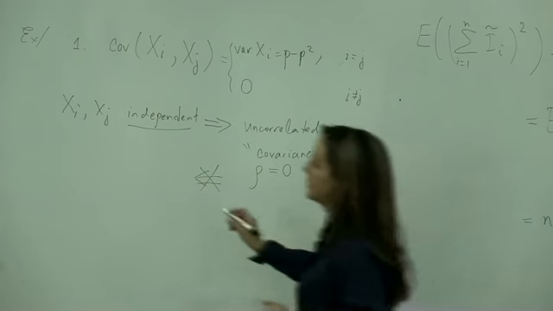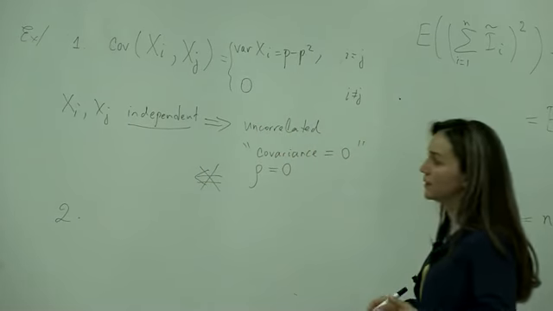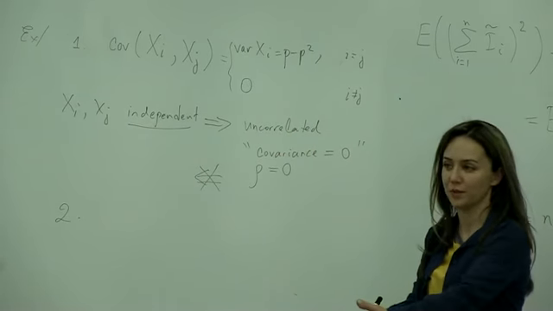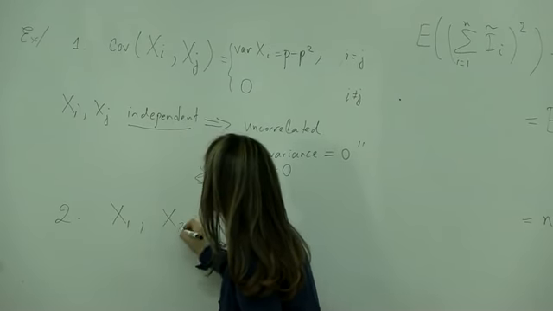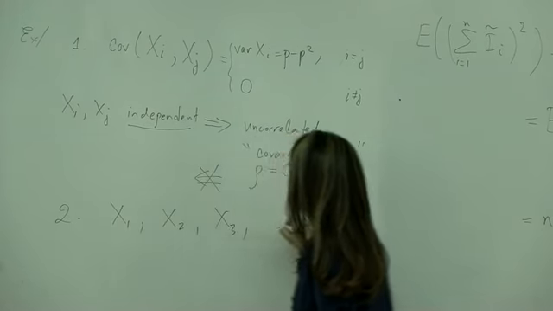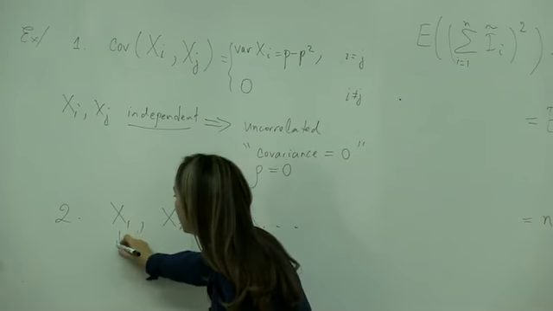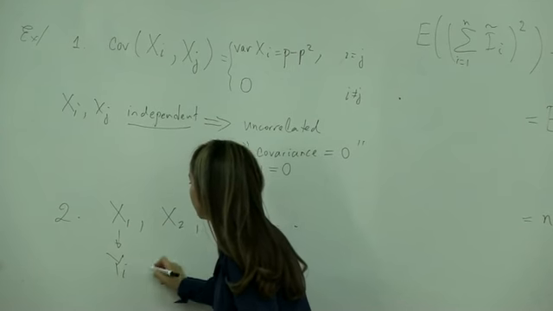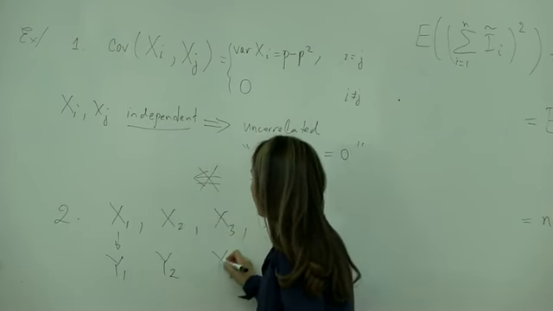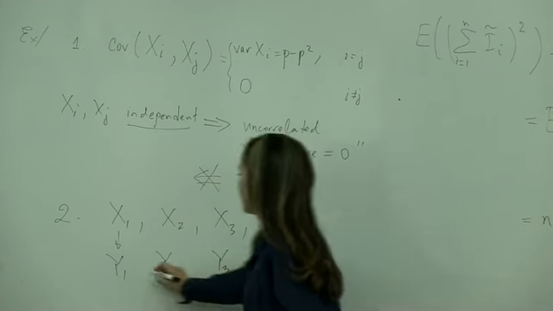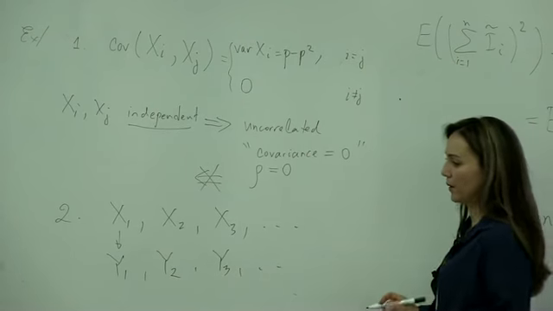Okay, what's next? Now we define another sequence of random variables. We originally had x1, x2, x3, and so on. Now we define for every xi a y sub i: y1, y2, y3. Yi is defined in the following way.